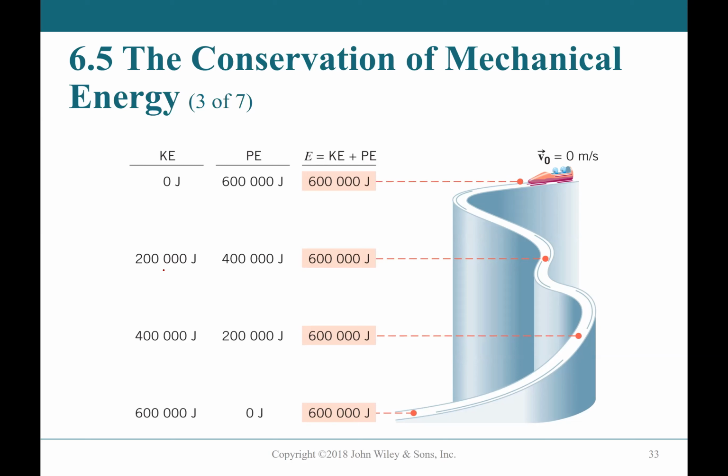But because of the conservation of mechanical energy, the energy that it has gained in kinetic energy was a reduction in potential energy. And of course, it has less potential energy, as would be expected, because it has less height. Because before, in mgh, h was here. Now h has been reduced.